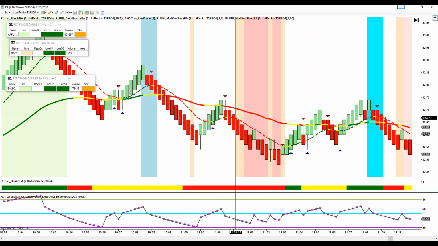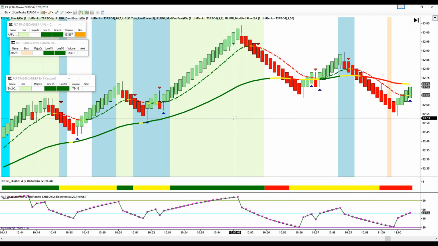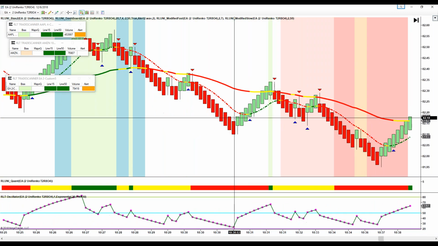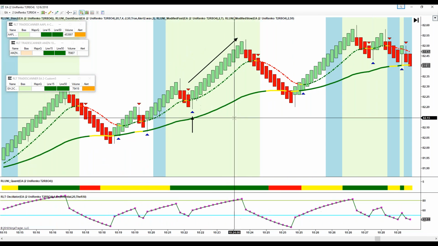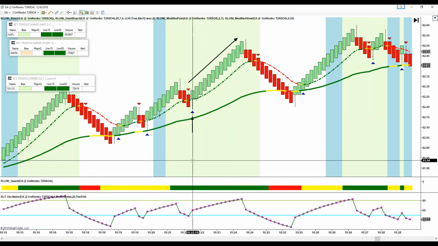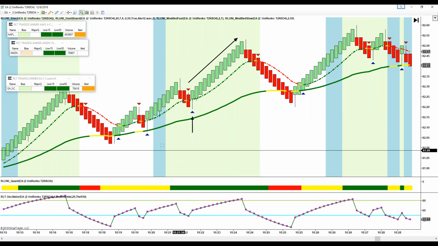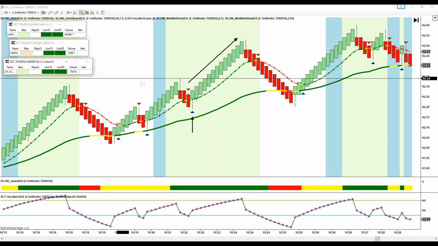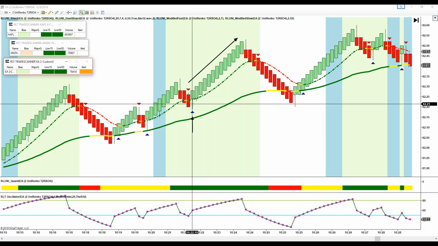And let me find one on Electronic Arts. Now you can figure that you may only get, it's right here, one trade a day per stock. But if you monitor 100 stocks, you've got 100 potential entries. So trust me, you're never going to want for perfect entries.